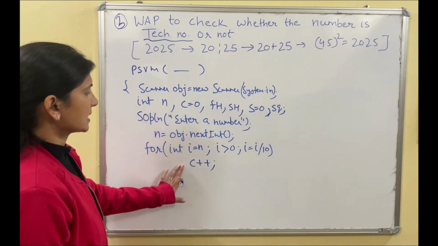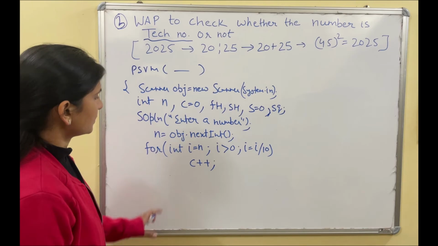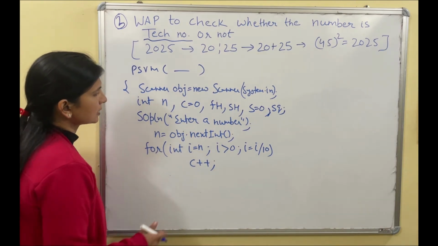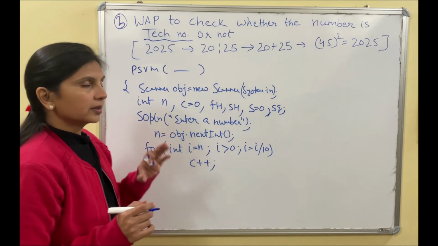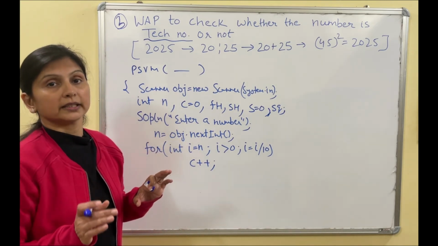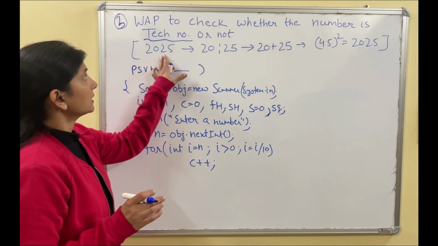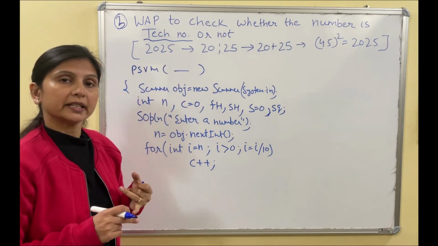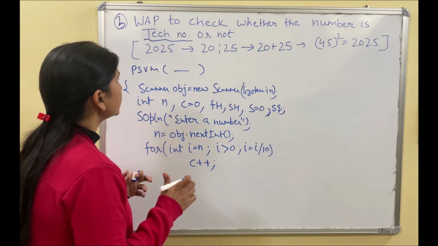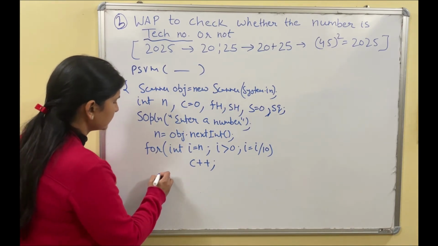As this is one statement, I am not giving brackets or braces. Now after this loop, see, a Tech number will always have an even number of digits, like 2, 4, 6. So we need to apply the check here.